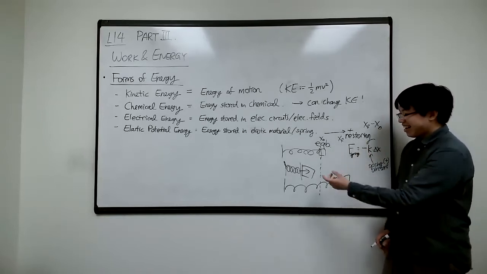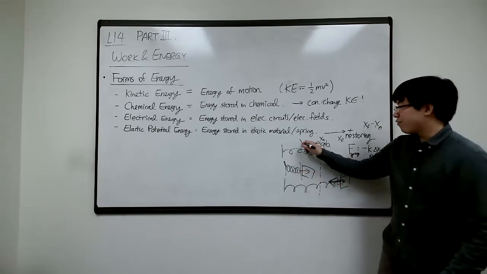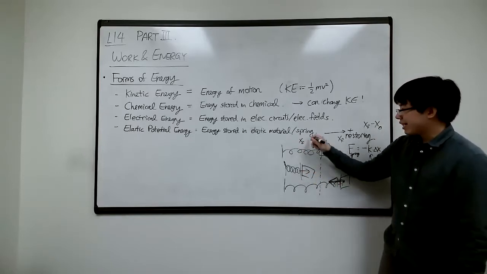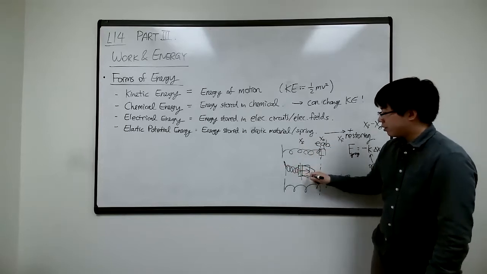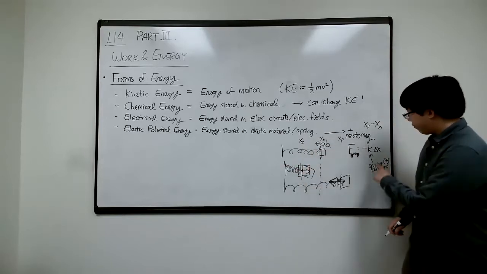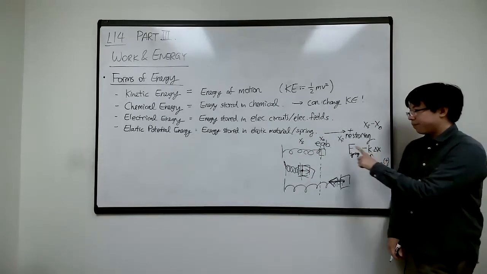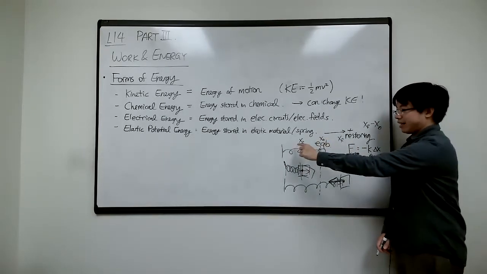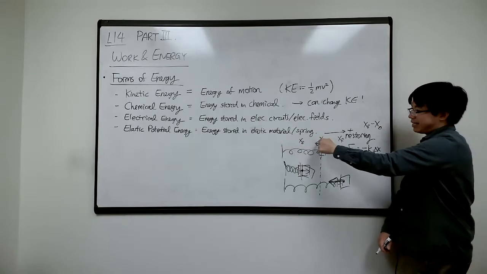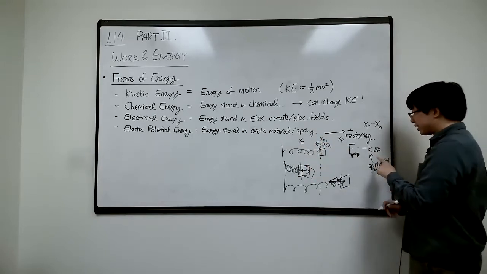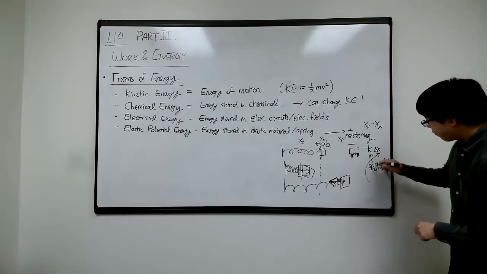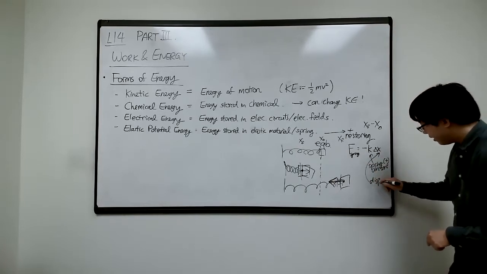But now when you compress it, the final position is here, and when you take this, subtract this, the displacement is negative. If this is 0, this is negative something, so negative minus 0 is negative. This is displacement from equilibrium, just to be clear.